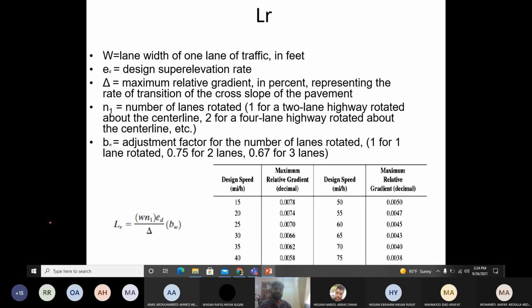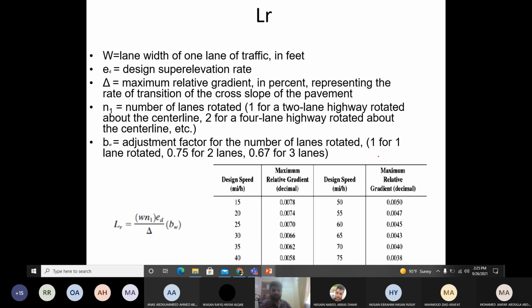Then you have ED, which is the super elevation you want. BW is the adjustment factor for number of lanes rotated. So if you have 1 lane rotated, N1 is 1, then BW will be 1. If N1 is 2, BW is 0.75, N1 is 3, BW will be 0.67, and so on.